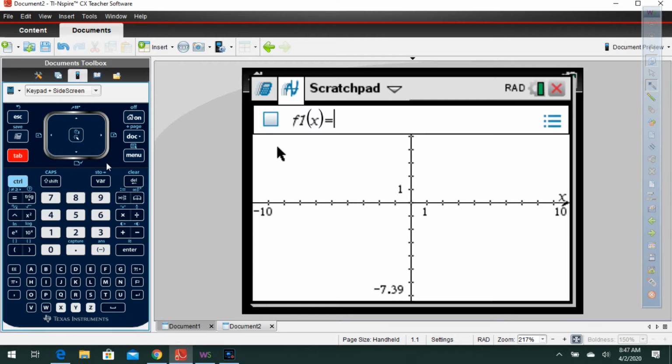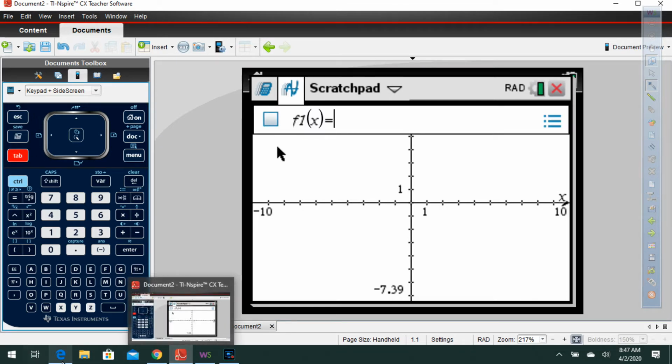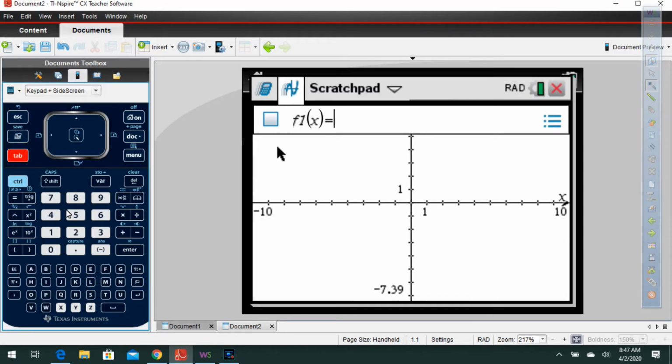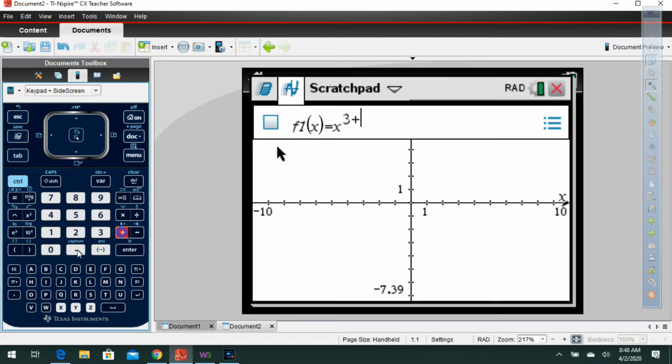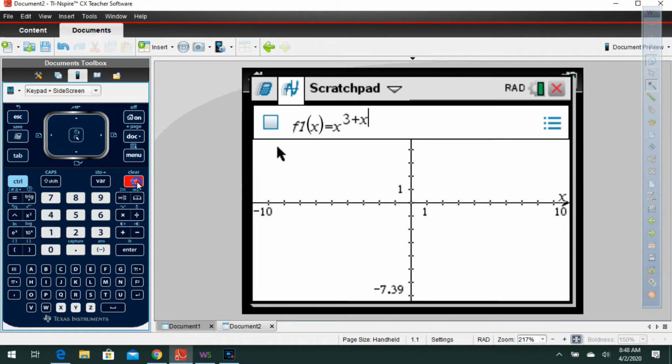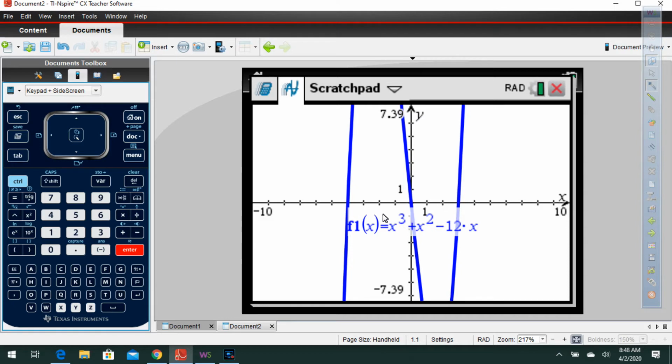Tab, what do we got? x cubed plus x squared minus 12x, and press enter.